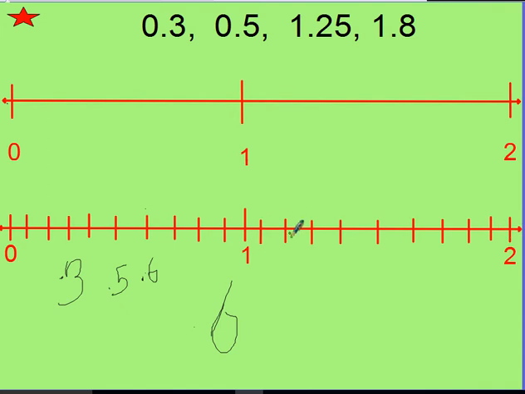Well, I don't need to do that because I know here's my 2 tenths, and halfway in between is my 0.25. Here I have 1, so I go to my whole, and it's in the tenths column. Remember that place value is so important. 1, 2, 3, 4, 5, 6, 7, 8. Right here would be 1.8.